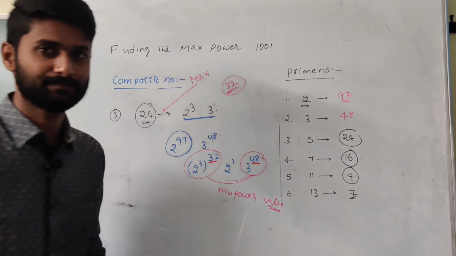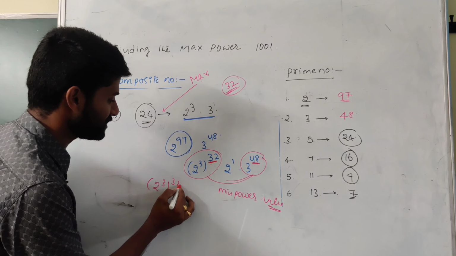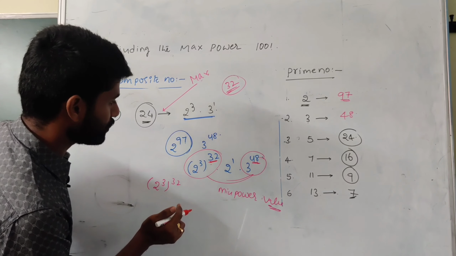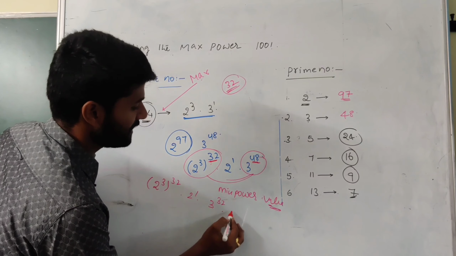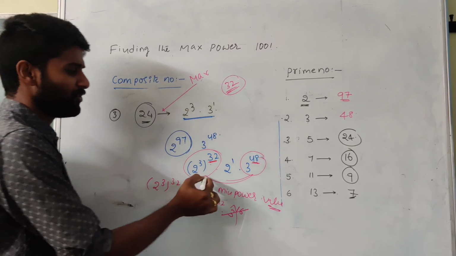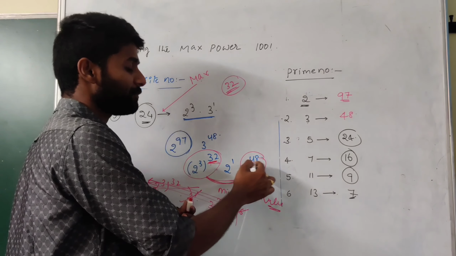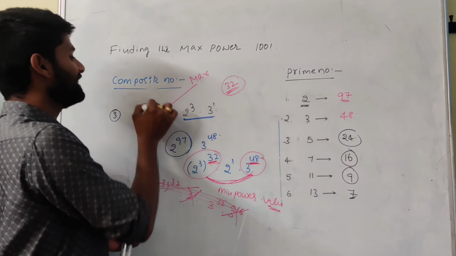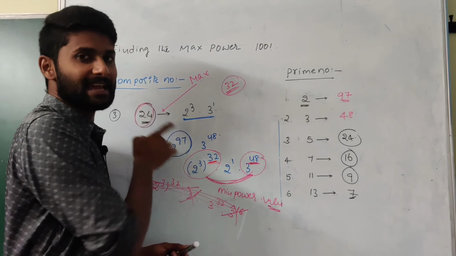So go with the direct one. Don't split again into 2 cube whole power 32, 2 power 1, and 3 power 32 into 3 power 16. It is a time-wasting calculation. If you observe combined together, just focus on whatever the minimum power value is, which exactly indicates the maximum power value of the other number. So go with a direct calculation.